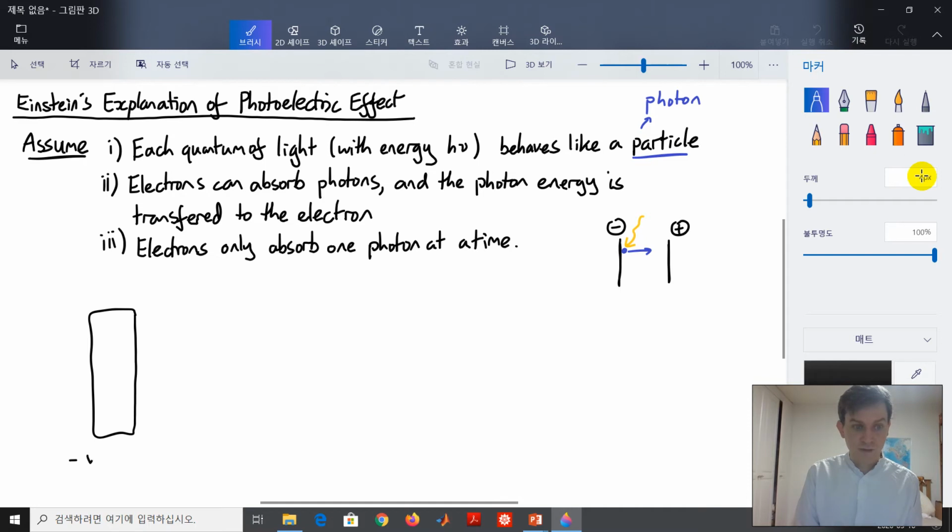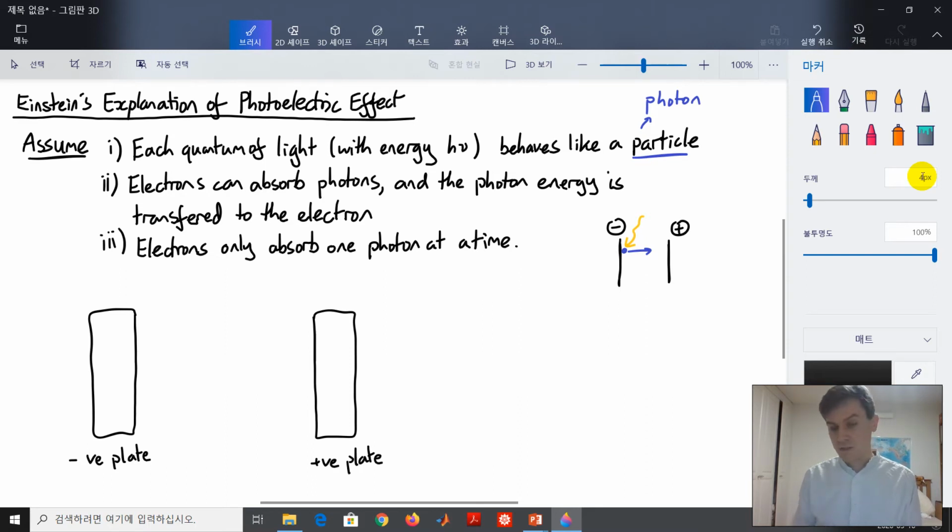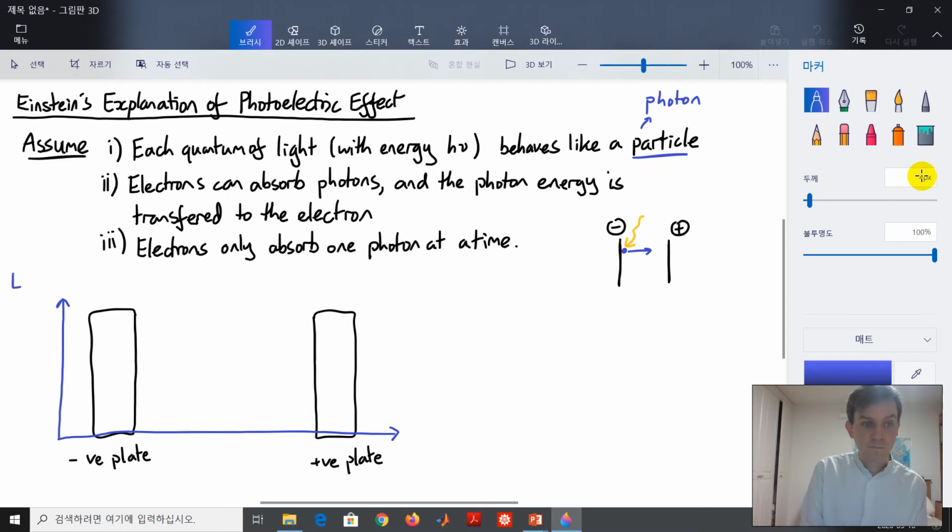So this is the negative plate, and over here we have the positive plate. And what I want to do is to plot a graph of the electrical potential energy that an electron will have as a function of its position in this capacitor between these two plates. So here we're going to plot electrical potential energy.